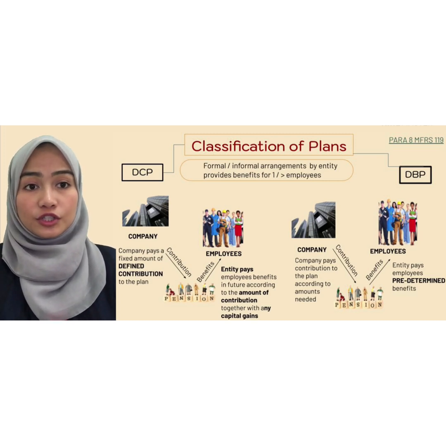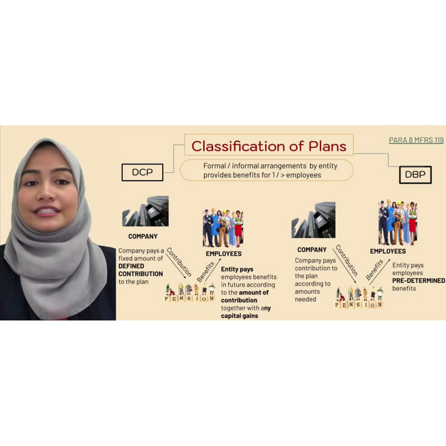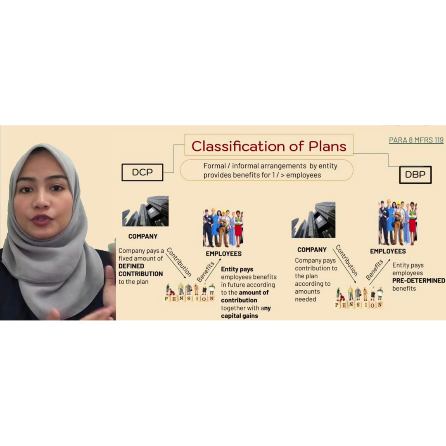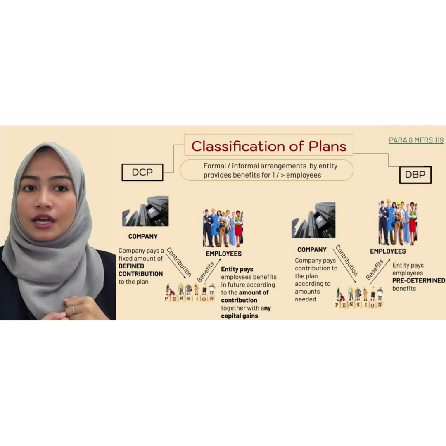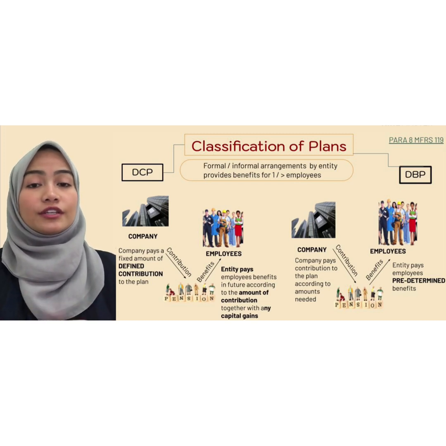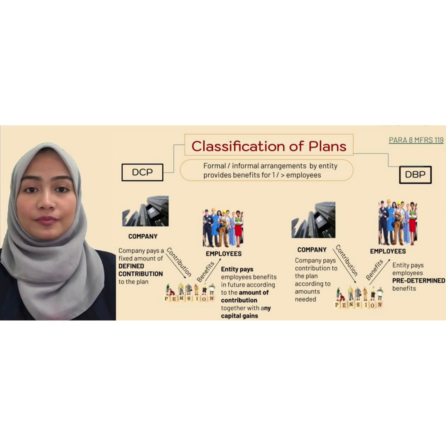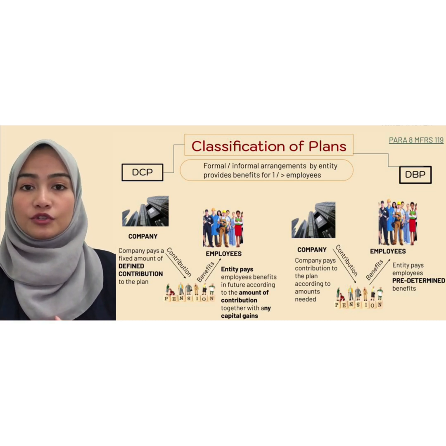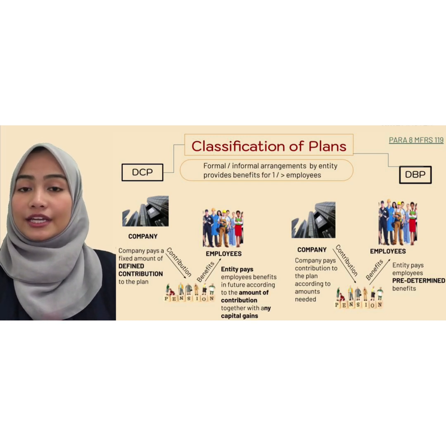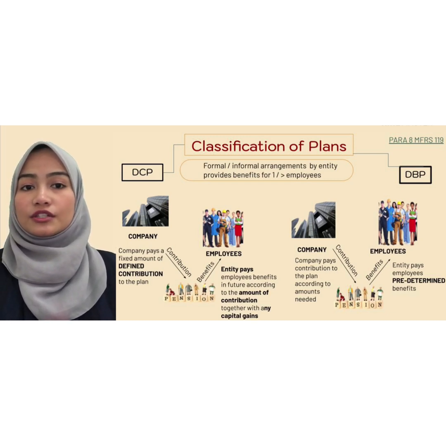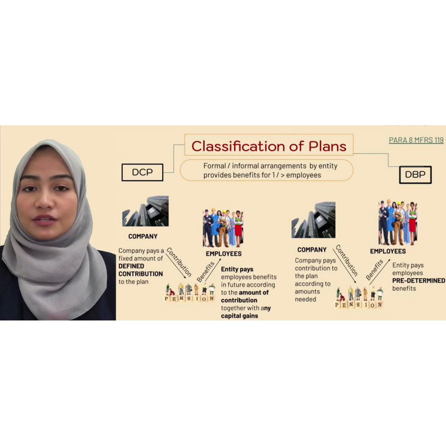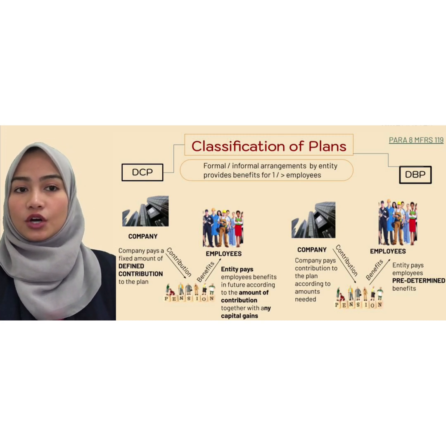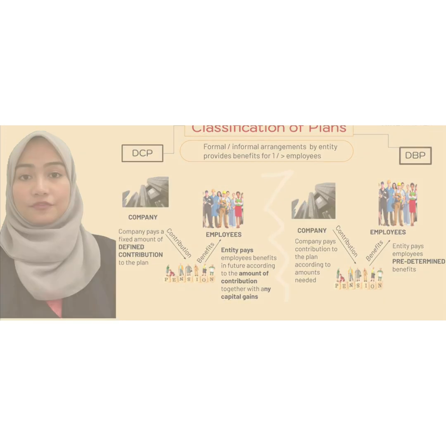But the contribution is different, where for DCP, the company will contribute a fixed amount, the defined contribution, to the pension plan, and it will flow to the employees by the pension plan in the future, to the amount of contribution plus any gain. For DBP, the company contributes according to the amounts needed, and the pension plan will give to the employee according to the predetermined benefits.